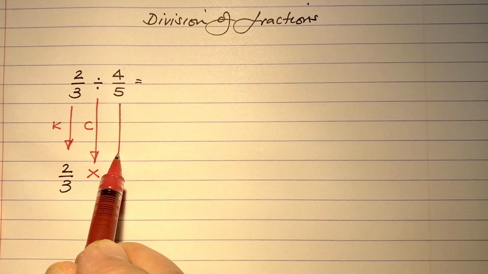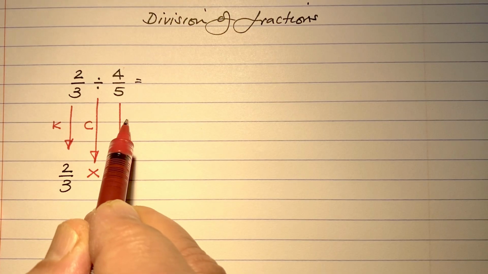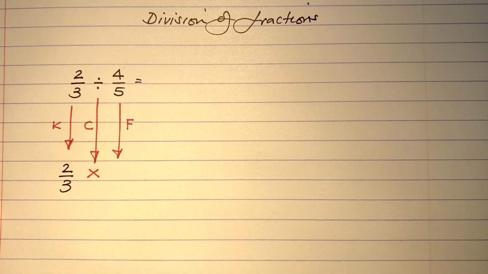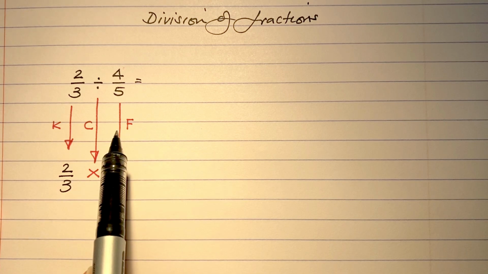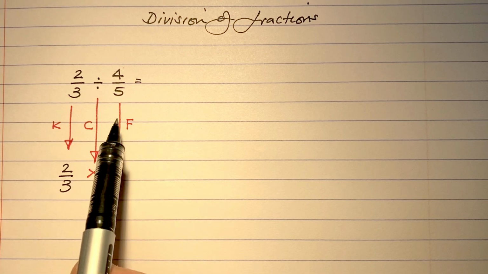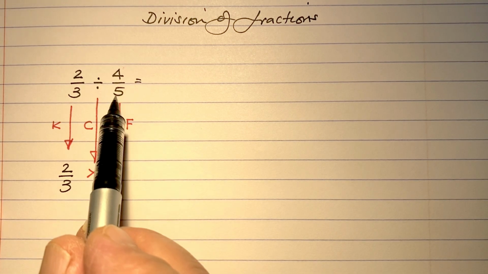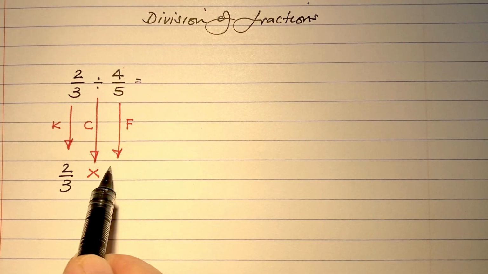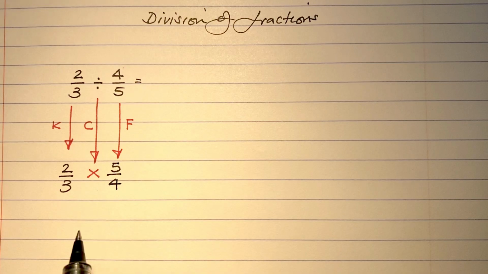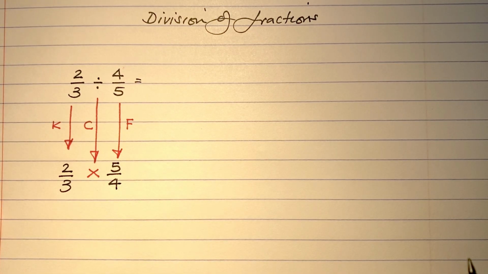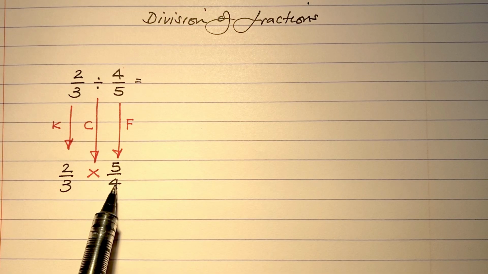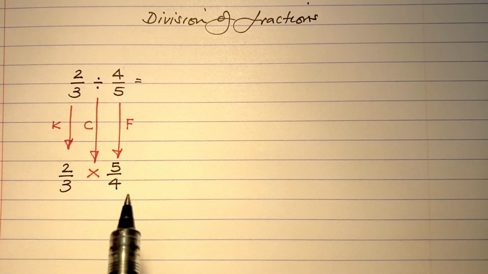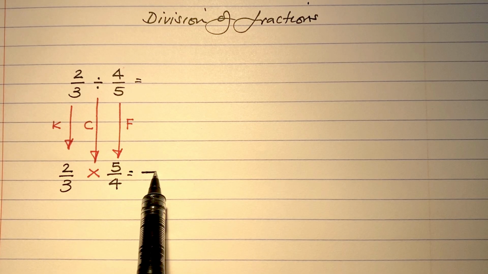And then flip. Don't mix up with KFC. It's KCF. Flip. 4/5 becomes 5/4. You turn it upside down. You flip it. As you can see now, it's a multiplication. No division involved. Keep, change, flip.